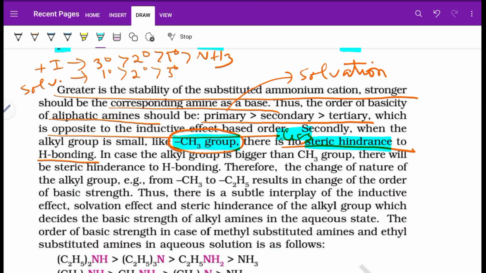So size of the alkyl group is another factor. Therefore, the change of nature of the alkyl group from say a methyl to ethyl affects the order of the basic strength, because if the size of the alkyl group is increasing, then the hydrogen bonding is becoming weaker.